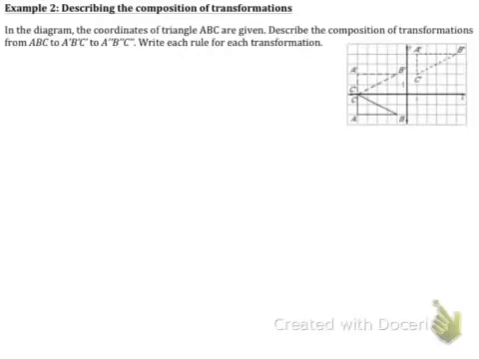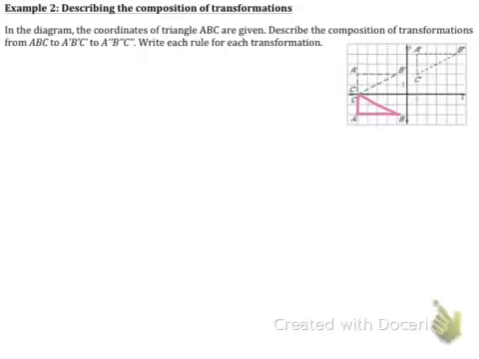So, where do we start? First of all, we want to identify our pre-image. That is the triangle that I outlined in pink. I know it's that triangle because it does not have the prime, so that is the pre-image.